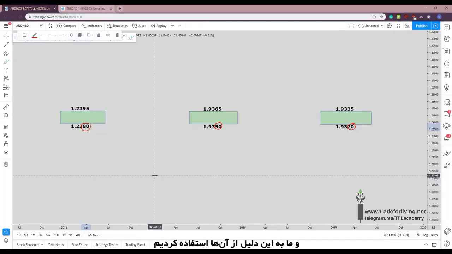Anyway, the reason is that big hedge funds and firms that trade with high frequency algorithms, called HFT, use these areas to scalp the market. They put billions in the market at these very specific price levels, and you will see how accurate they are.